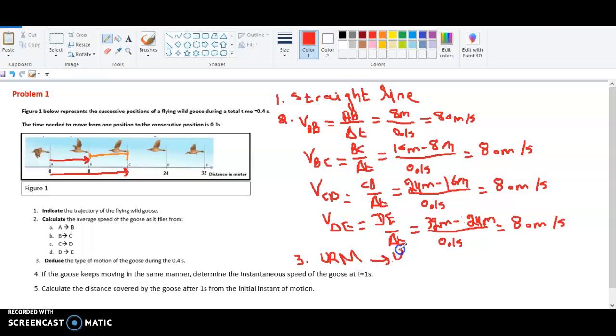U is for uniform, and by uniform we mean constant speed. Now by R we mean rectilinear, because the pathway is a straight line.